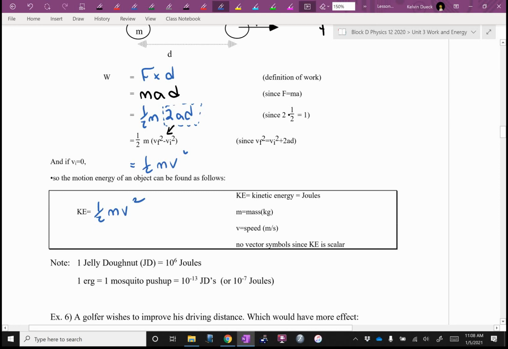I want you to notice, I didn't put a little vector symbol on the V. It's the speed, not the velocity. So there's an angle. You can use the speed that's at an angle. Remember in the first unit on projectiles, I said we're never going to use the slanty one. Here we can, because it's a scalar. Don't need to go components. Here, did I say angle? Who cares? In work and energy.